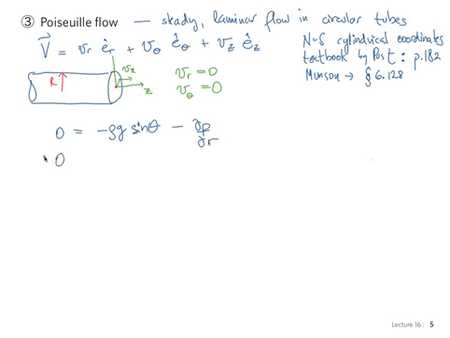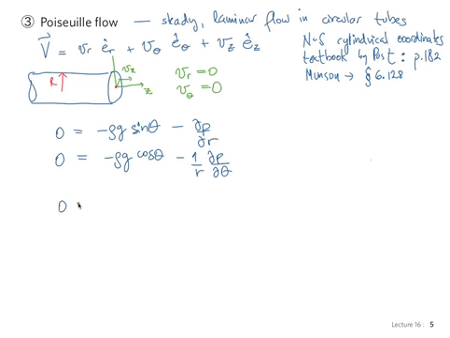In the theta direction it's the same thing, minus rho g cosine theta, and the pressure, except we have a 1 over r because the derivative with respect to r term of the gradient has a 1 over r. This is what I was saying a little while ago. You have to write down your gradient operator and realize that there's a 1 over r that appears in the cylindrical coordinates. So these are quite easy.